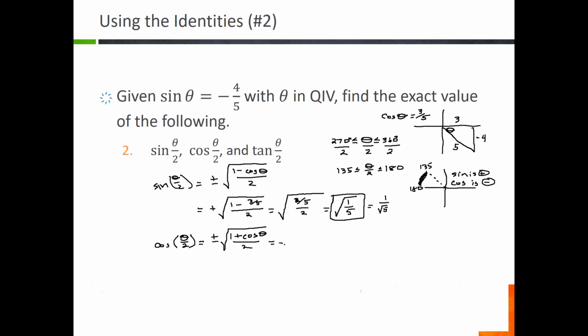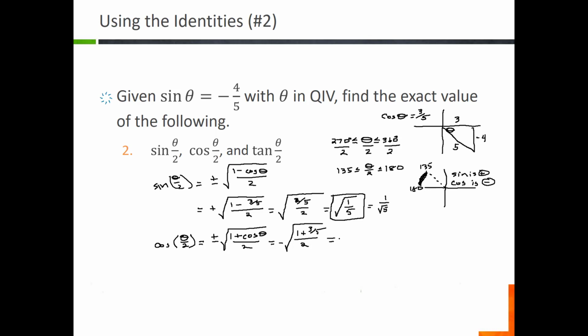So we're going to have the negative square root of 1 plus, and we already looked at cosine of theta up at the first triangle. It was 3/5. So 1 plus 3/5 over 2.